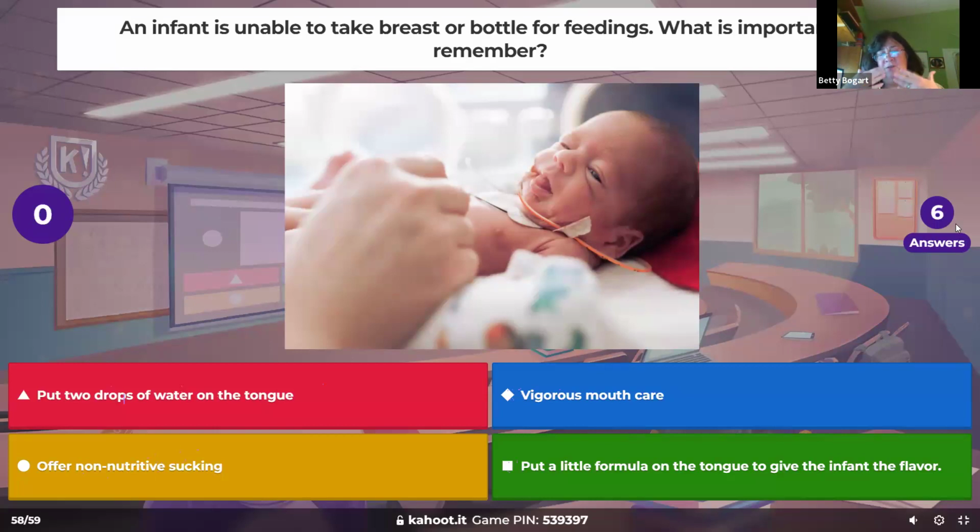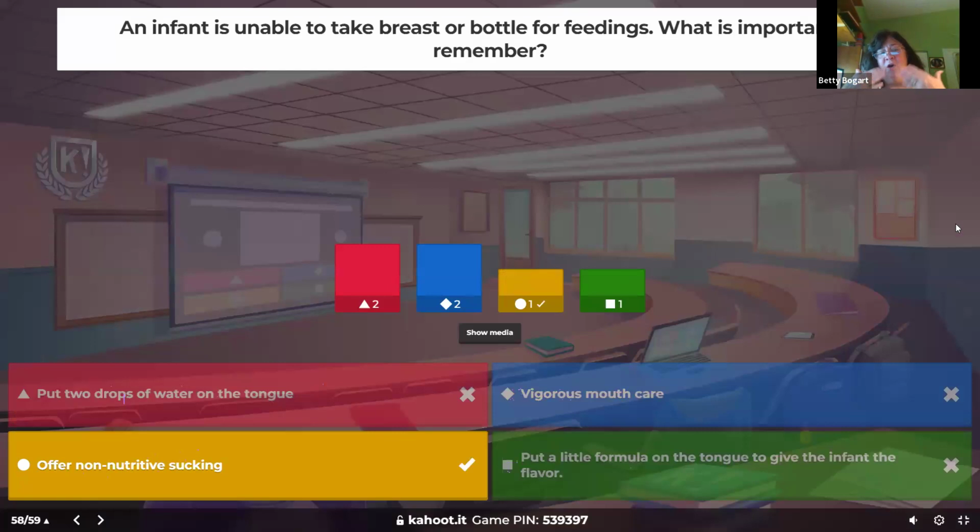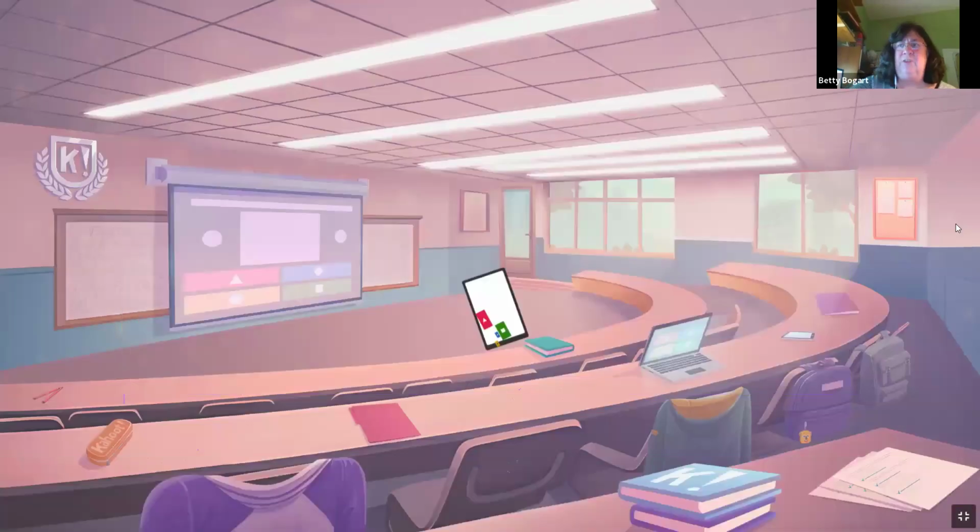It's how they self-soothe, right? We need to offer them a pacifier. It helps them self-soothe, keeps them calm, and decreases stress. Years ago, pacifier, yes, no, but they've realized this is how they self-soothe. Give them a pacifier. And we'll get into some conditions where we'd have to use that.